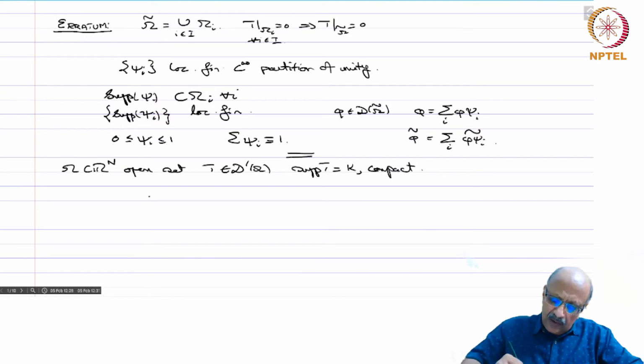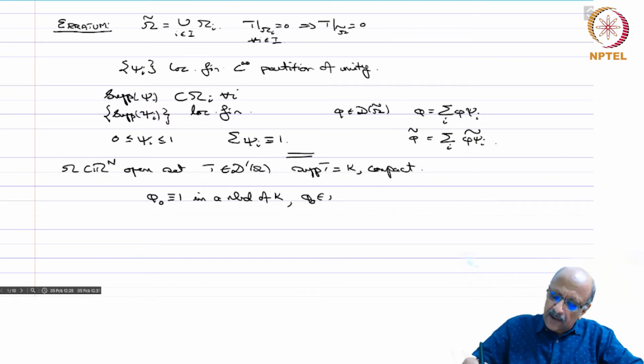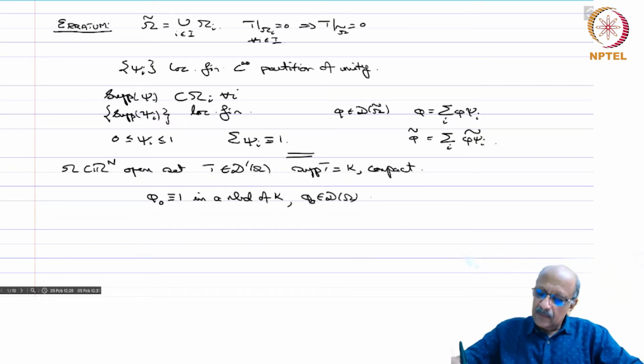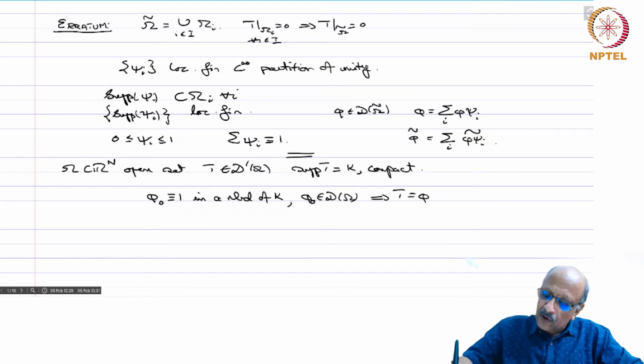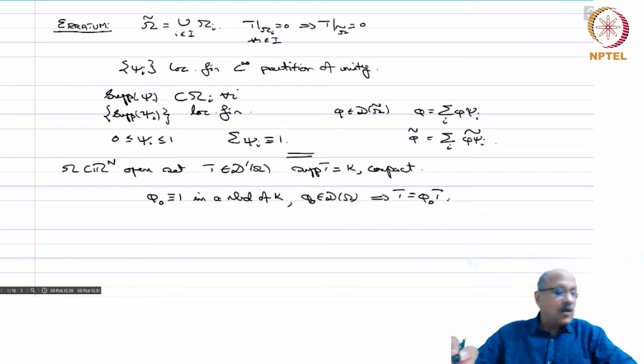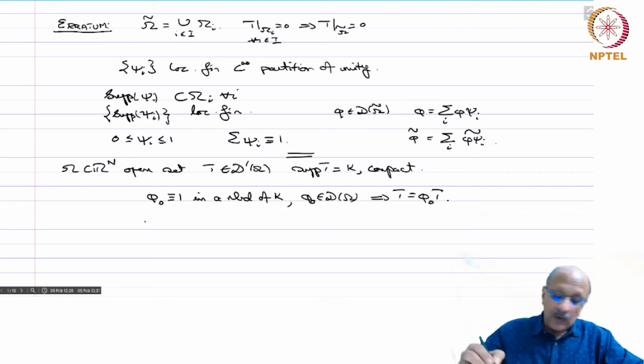Then we saw that if φ_0 in D(Ω) is identically 1 in a neighborhood of K, this implies that T equals φ_0 T. We also saw that distributions with compact support are precisely E′(Ω), namely the dual of the space of C-infinity functions.